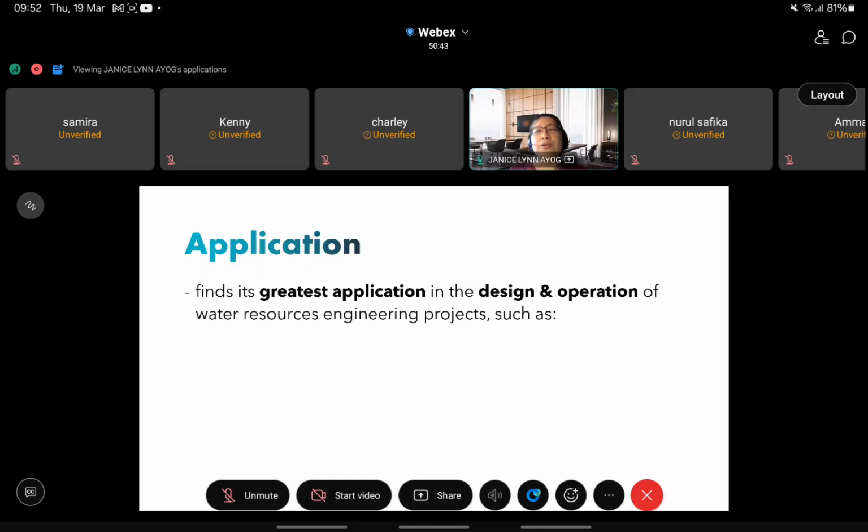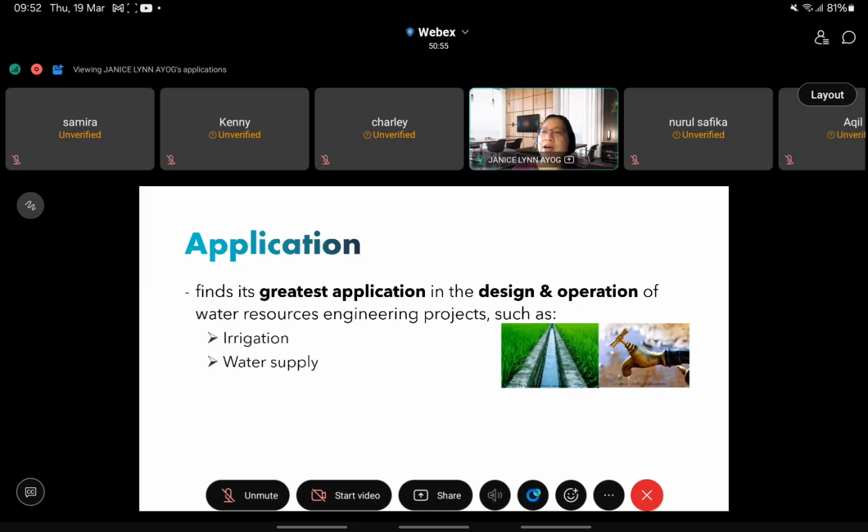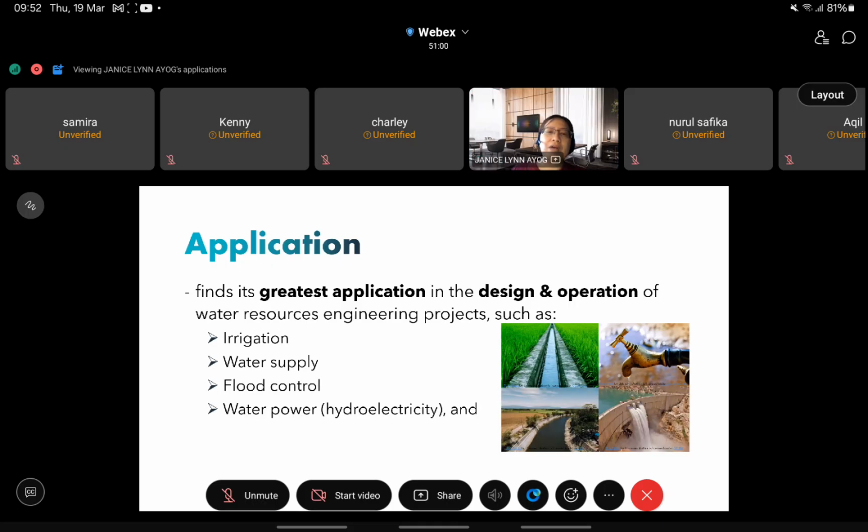So hydrology, or engineering hydrology, finds its greatest application in the design and operation of water resources engineering projects. Examples are irrigation, water supply, flood control, hydroelectricity, and also navigation. Those are some of the examples.